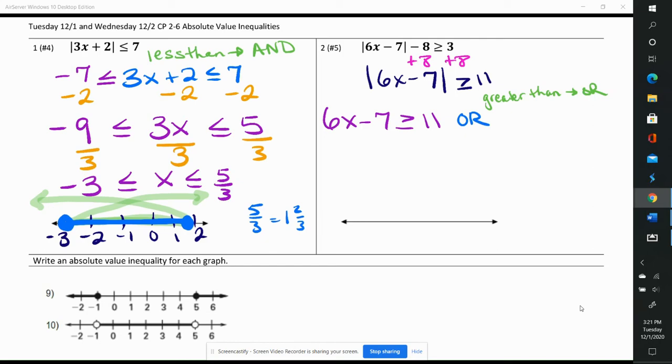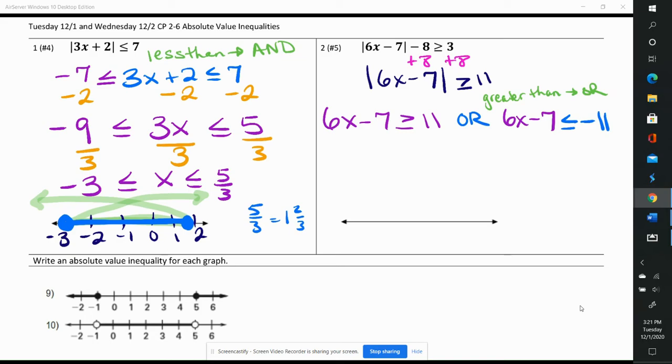Or (6x minus 7) is less than or equal to -11. So we declared it as an or because it was greater than. Flip the inequality symbol, make that value negative. Now we're ready to solve.